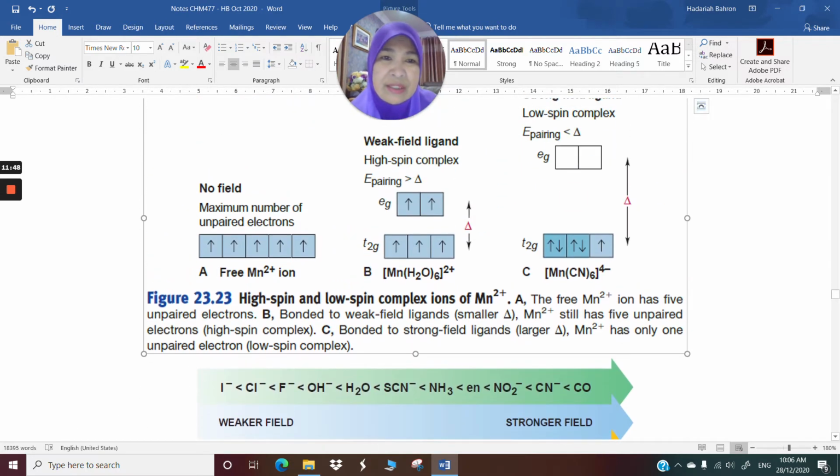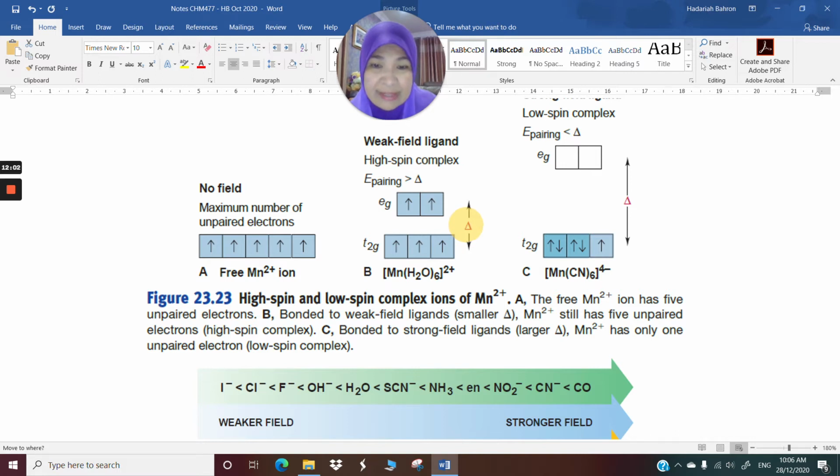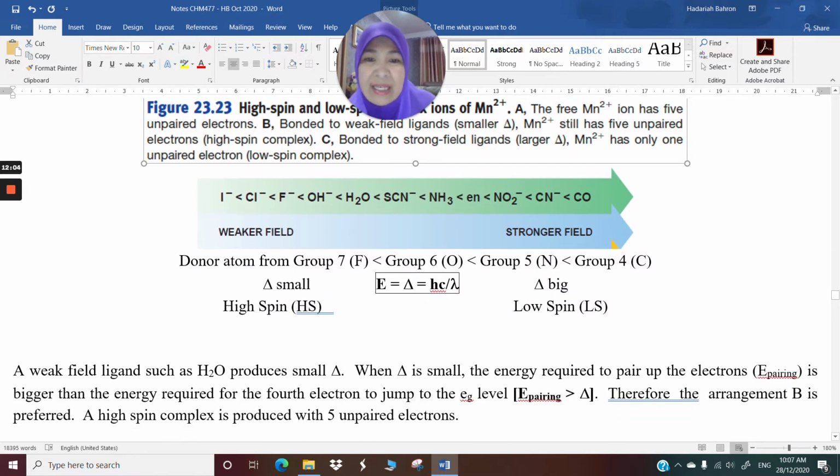So usually a strong field ligand will produce a big delta and a tendency of producing a low spin complex, whereas a weak field ligand will produce a small delta with a tendency of producing a high spin complex. So that is how we can explain the presence of high spin and low spin according to the crystal field theory.